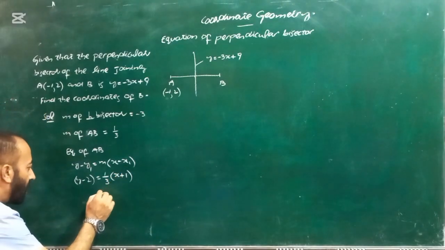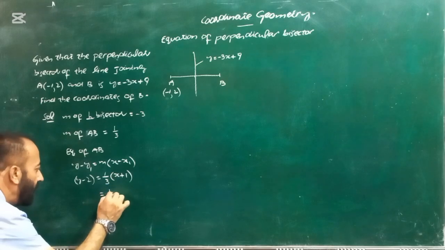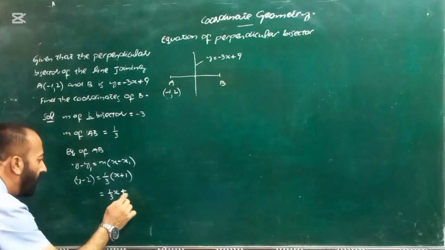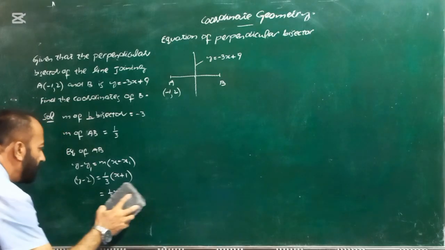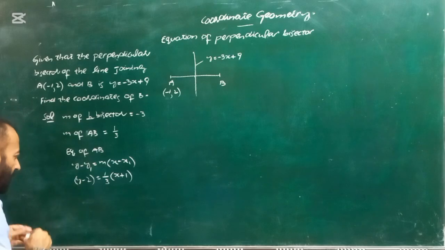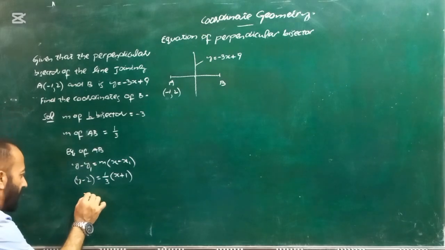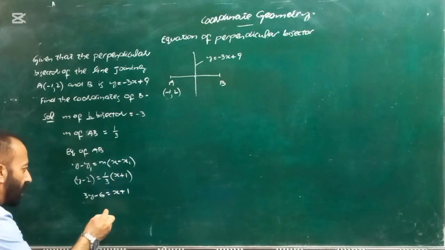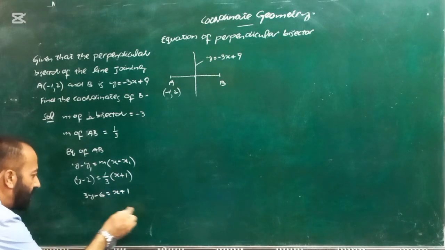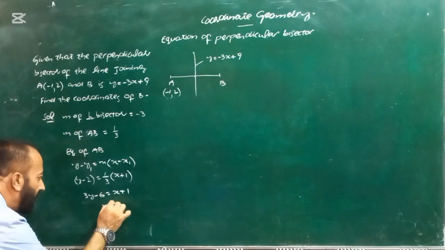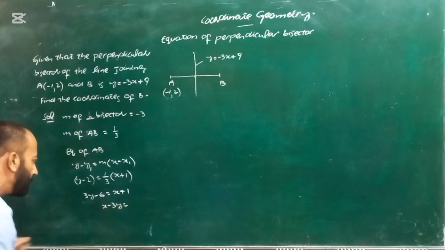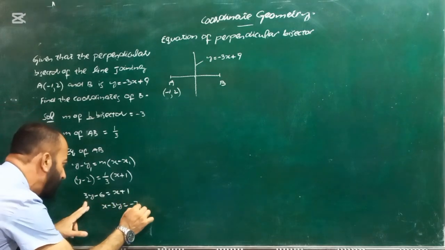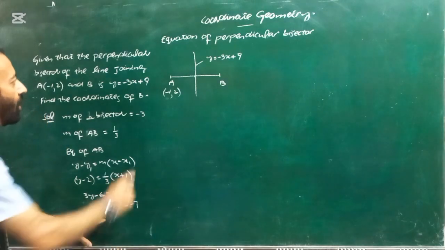And from here, solve it. This 3 will be multiplied by this one, so this will become 3y minus 6 is equal to x plus 1. So this factor will go to the right side, so x minus 3y, and this will come to the left side, so minus 7. So this is the equation of the AB line.